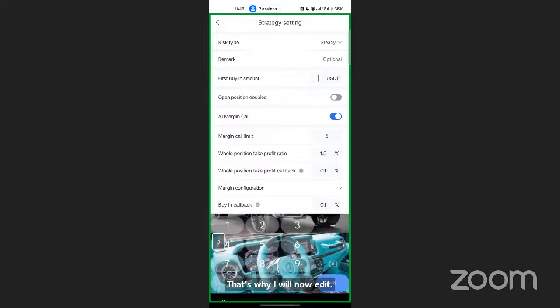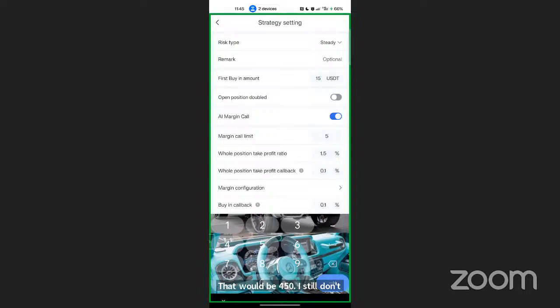Now I can either take it back to 15. So we say 2 plus 4 plus 8 plus 16, that is 30. So 30 times 15, that will be 450. I still don't have this money.